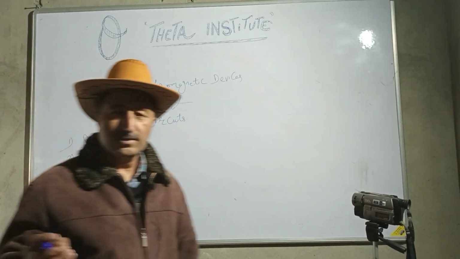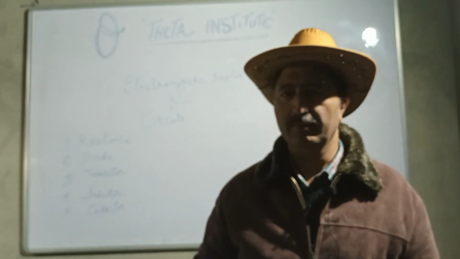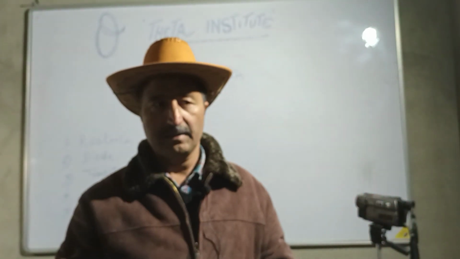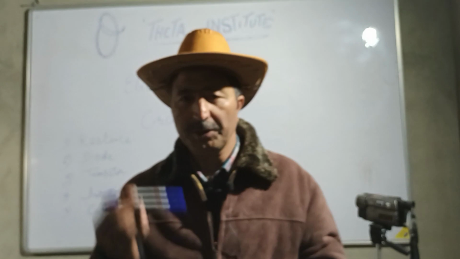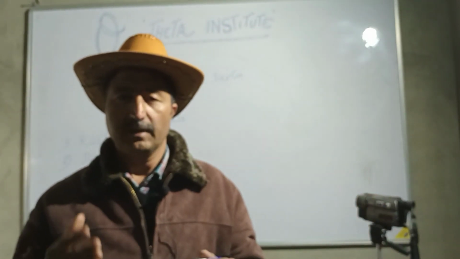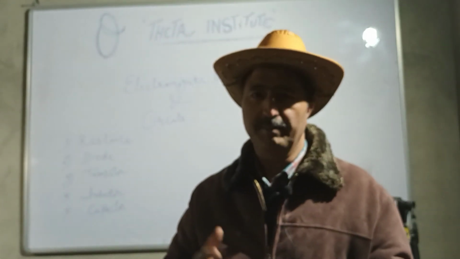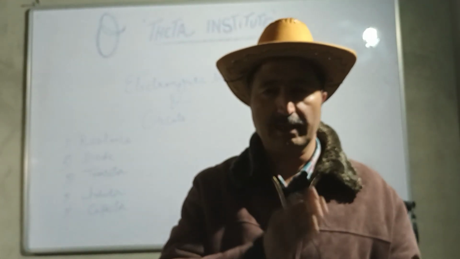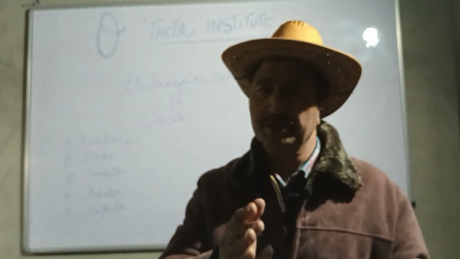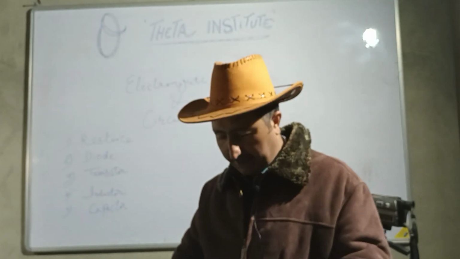These devices are many in number. For example, resistor is a device which, when put in an electric circuit, offers resistance to the flow of the electric current. Resistance means it blocks the electric current according to its power.